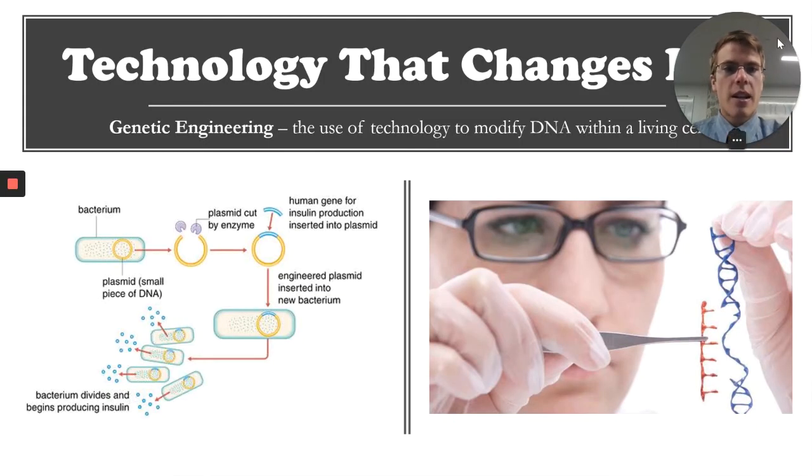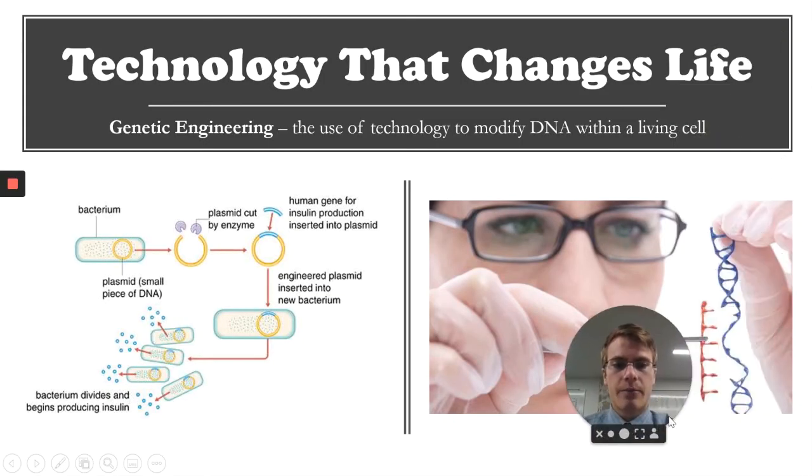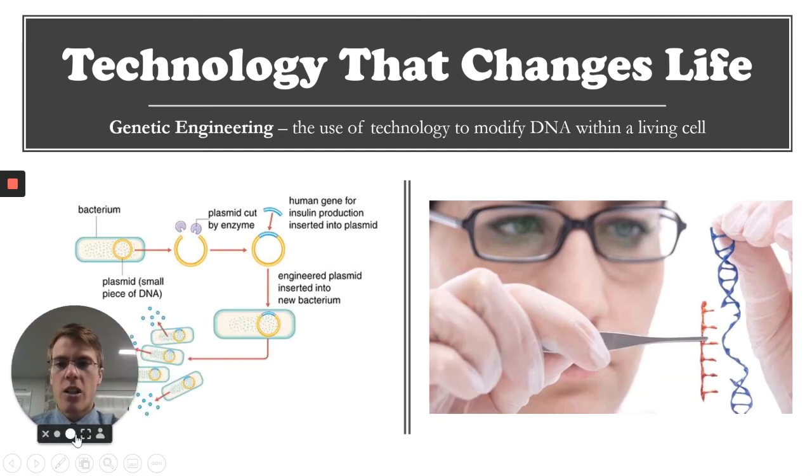Selective breeding is different from genetic engineering. Genetic engineering is the use of technology to modify DNA within a living cell. So where selective breeding is where humans breed animals to select for traits, genetic engineering is actually going into the organism and changing the DNA around. This can be a really good thing because it can be our future of medicine, where we're fixing certain diseases that are genetic, right?